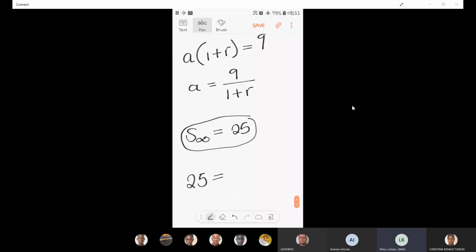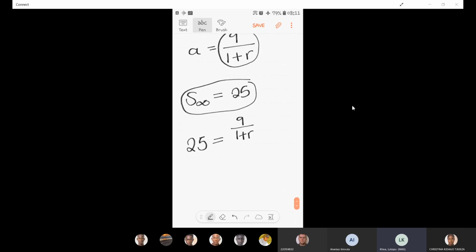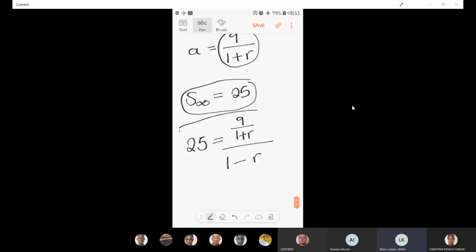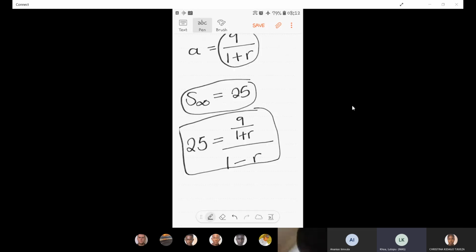So I say 9 over 1 plus R, and then I divide this by 1 minus R. So you can see over here, I now have one equation where everything is in terms of R. So all I need to do is work out what R is, and then I will come back and substitute it in there to find the value of A.